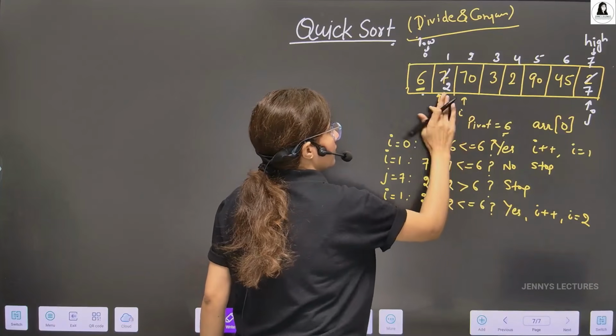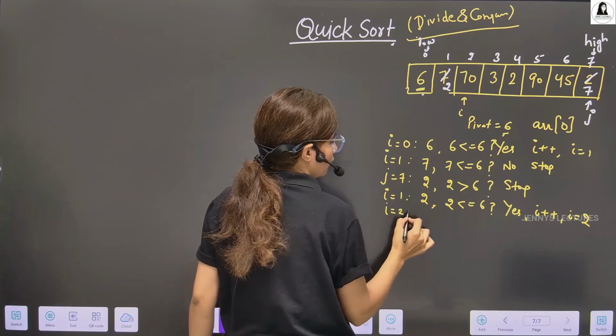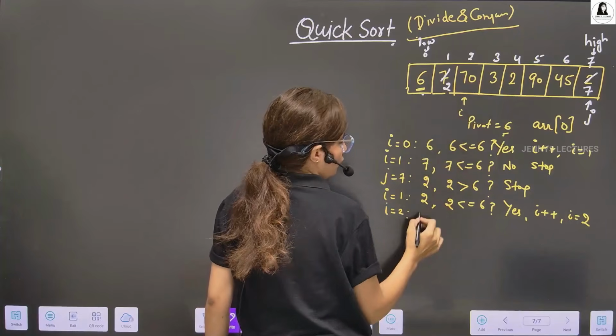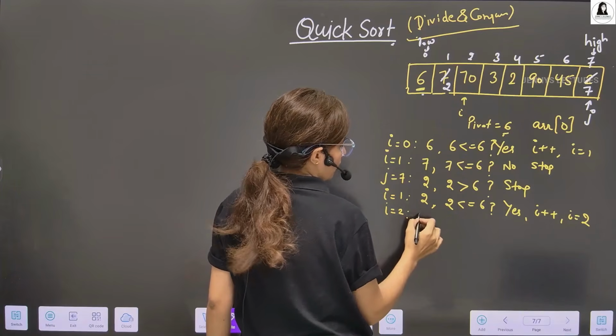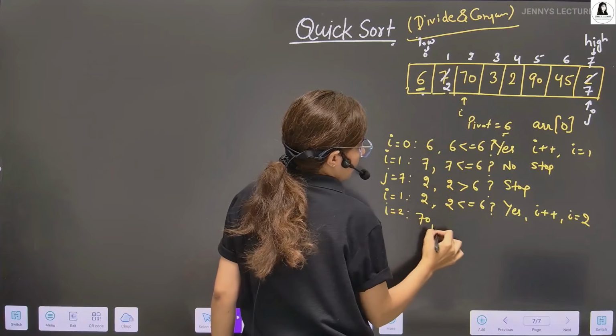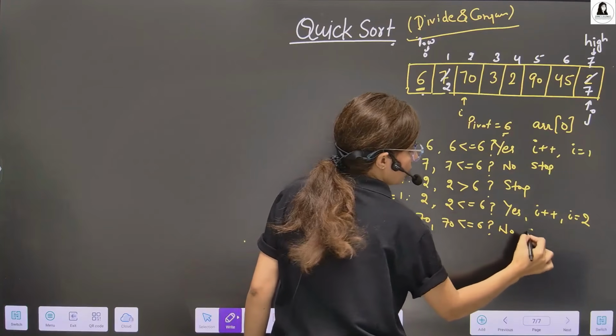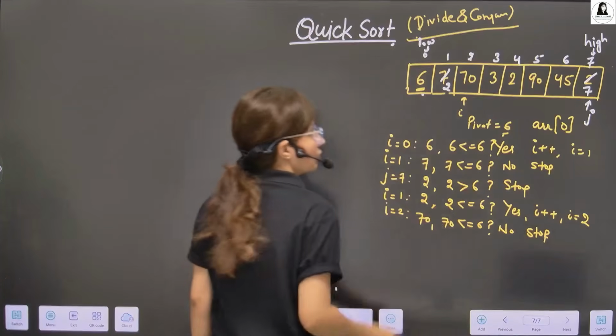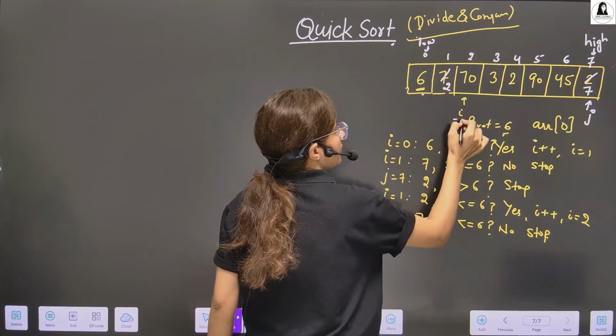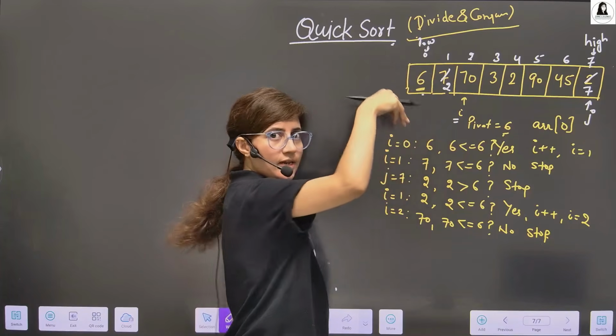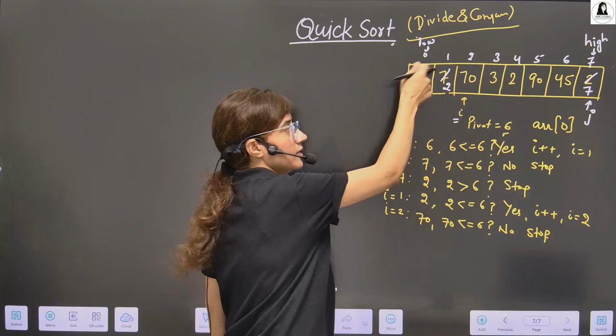So now my i is here. At i equal to 2 I have 70. Is 70 less than or equal to 6? No. Stop. i is here. First greater element again, which is greater than the pivot element.